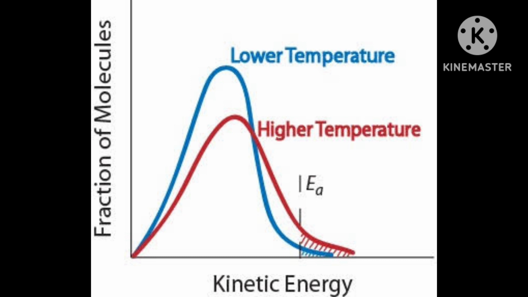But they have less energy, and to form the intermediate it requires more energy. Then how will they get this energy? For that purpose, they will collide with each other. Due to the collision, energy increases.